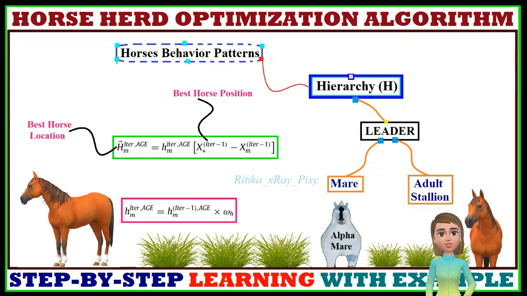Next, horse behavior: hierarchy. As we know, horses live in the herd and they follow the dominant leader, and they have the older mare, the alpha mare, as the experienced one in the herd, and an adult stallion is also considered the horse leader in the wild.